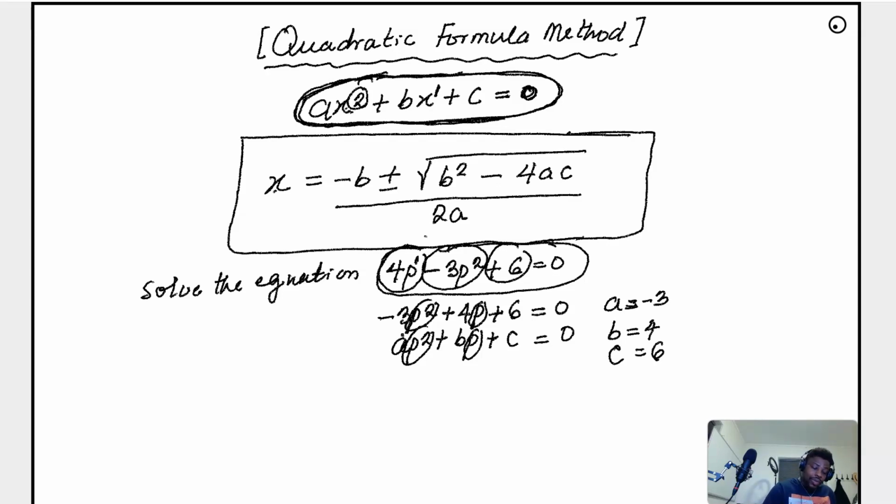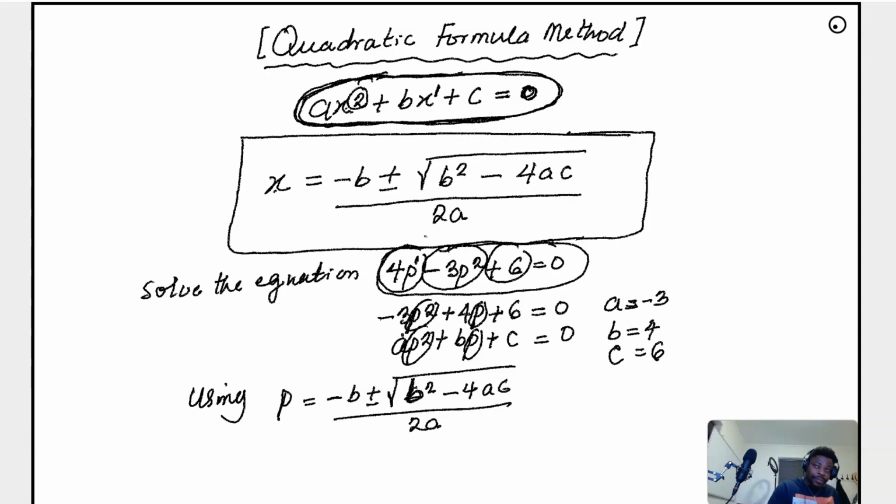Now, let's use the formula. So I will say, using, what is my variable? It is p. So p is equal to minus b plus or minus square root of b squared minus 4ac all over 2a. Easy. Now, let's put our values.